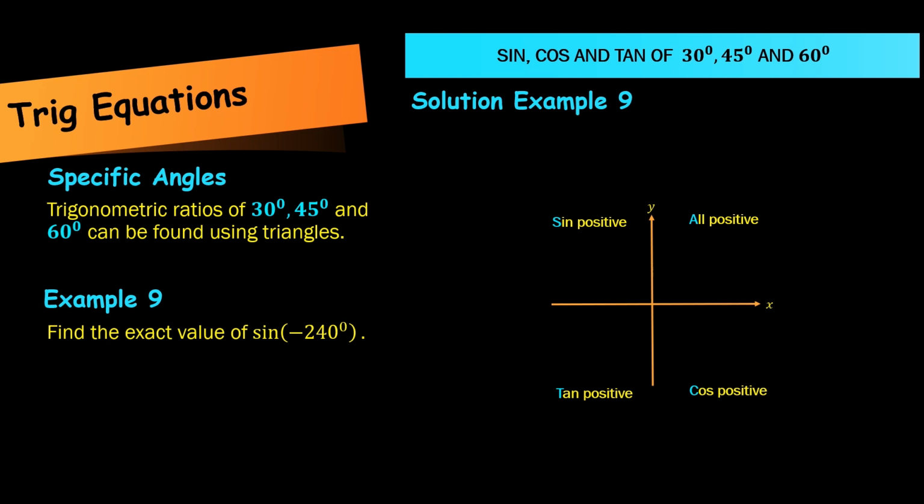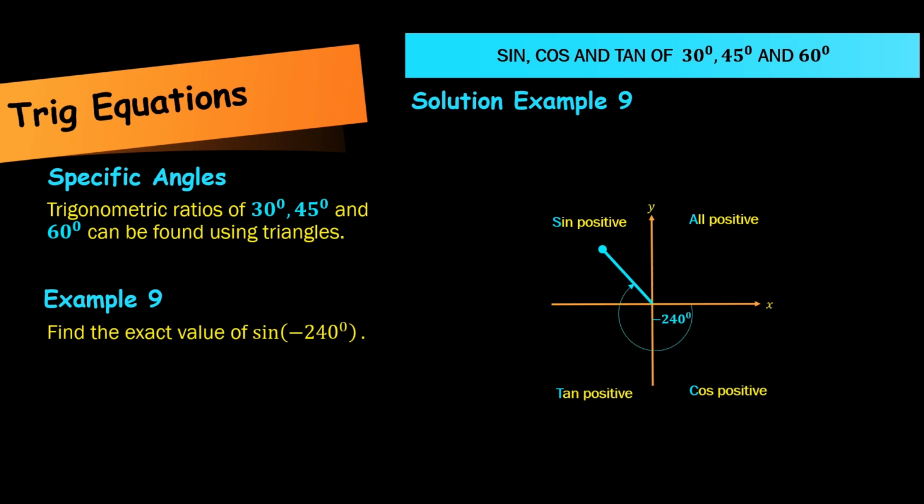Recall that the cast diagram tells us that if an angle lies in the first quadrant, then sine, cos and tan are all positive. If an angle lies in the second quadrant, only the sine is positive. If an angle lies in the third quadrant, then only tan is positive, and if an angle lies in the fourth quadrant, then cos is positive.